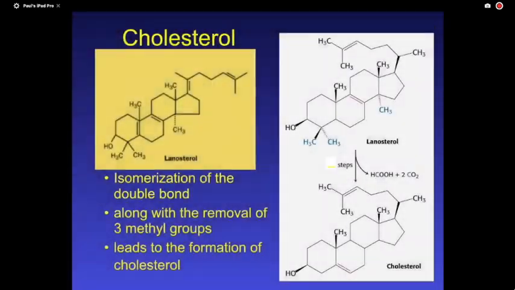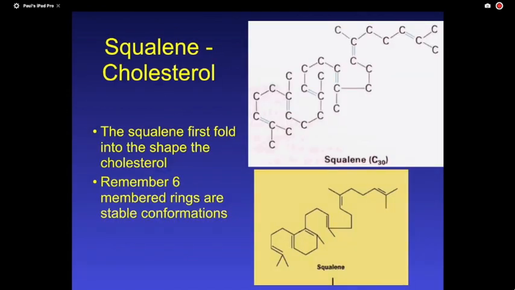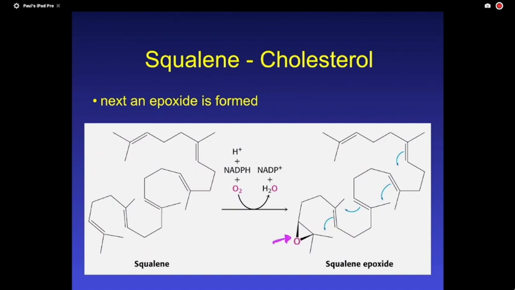And as you can see, this slide has already previewed what's going to happen. What's going to happen is a concerted ring closure where it's 1 to make that ring, 2 to make that ring, 3 to make that ring, 4 to make that ring, and this to make the hydroxide.